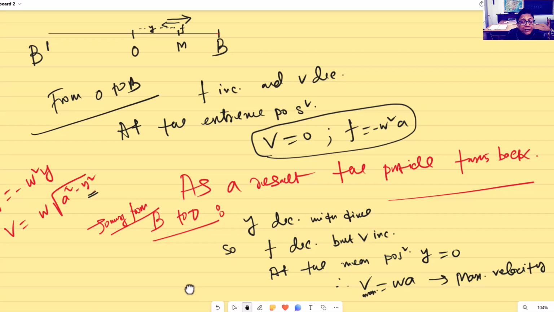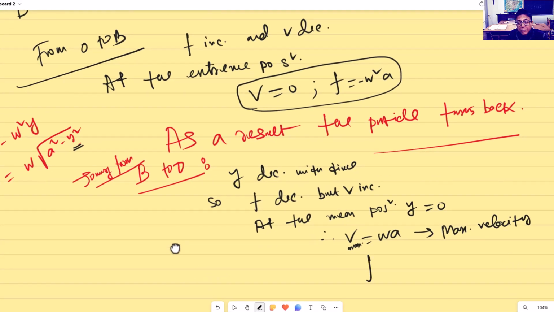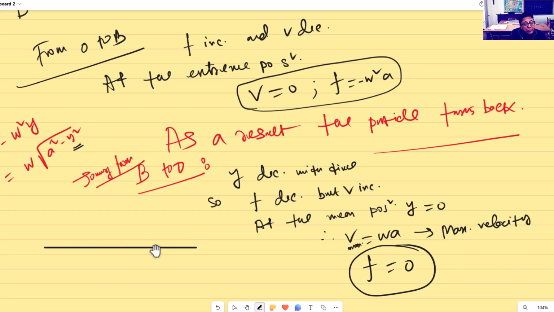And acceleration is what? Acceleration becomes 0 because F is minus omega square y, and at the mean position y is equal to 0. So the particle's acceleration is 0.